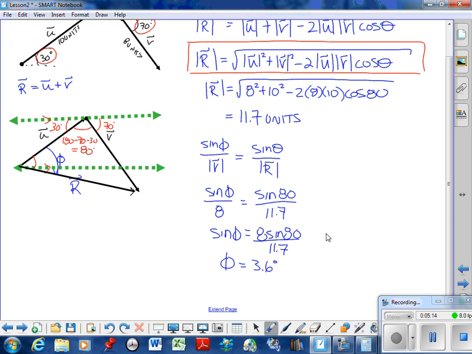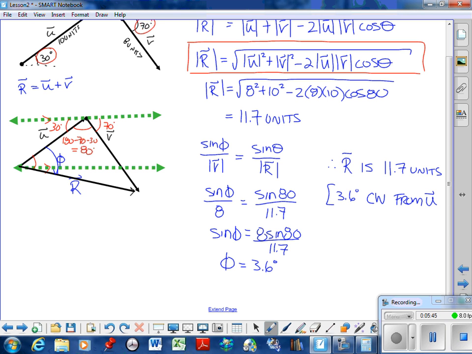So that's actually drawn incorrectly, but that's fine, because it's just a sketch. So therefore, my resultant is 11.7 units, and measured 3.6 degrees clockwise from the u vector. Okay, so from u.